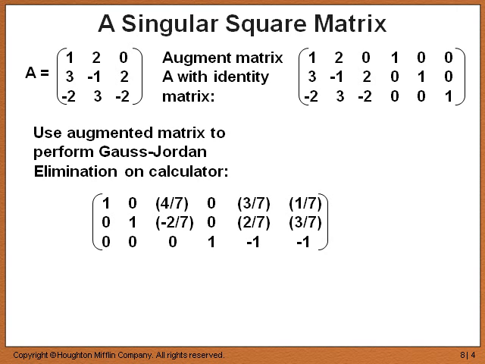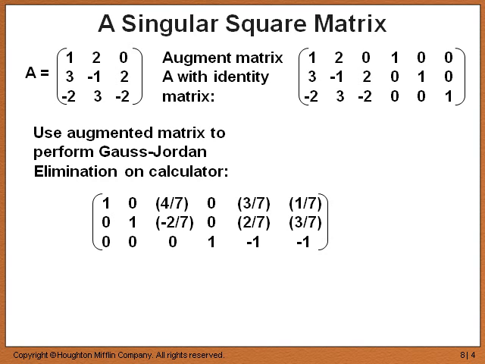And you should have ended up with this: 1, 0, 4/7, 0, 3/7, 1/7, 0, 1, negative 2/7, 0, 2/7, 3/7, 0, 0, 0, 1, negative 1, negative 1. Of course, your calculator might have given you those fractions as decimals. That's fine.